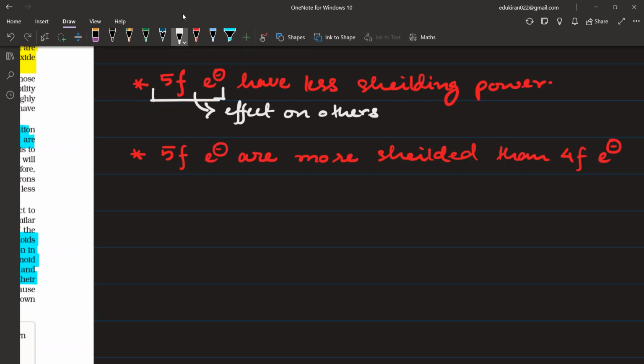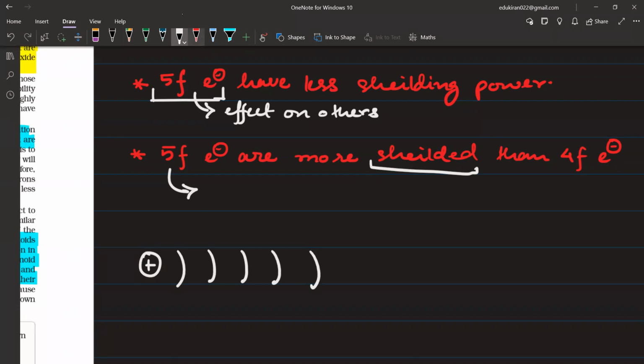देन व्हेन आई से 5f इलेक्ट्रॉन्स आर मोर शील्डेड, यानी कि अब इसके बारे में हम लोग बता रहे हैं कि इसको जिसने भी शील्ड किया हुआ है, कैसे शील्ड किया हुआ, अच्छे से शील्ड किया हुआ या खराब से शील्ड किया हुआ. ठीक है, अब एक बात बताइए. 1 2 3 4 and 5. ऐसा बोल सकते हैं कि you will have the 4f इलेक्ट्रॉन यहाँ पे and you will have the 5f इलेक्ट्रॉन यहाँ पे, है ना.